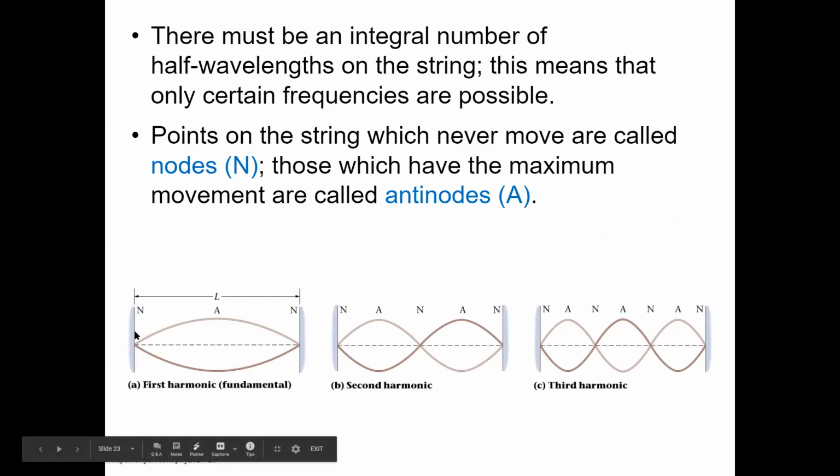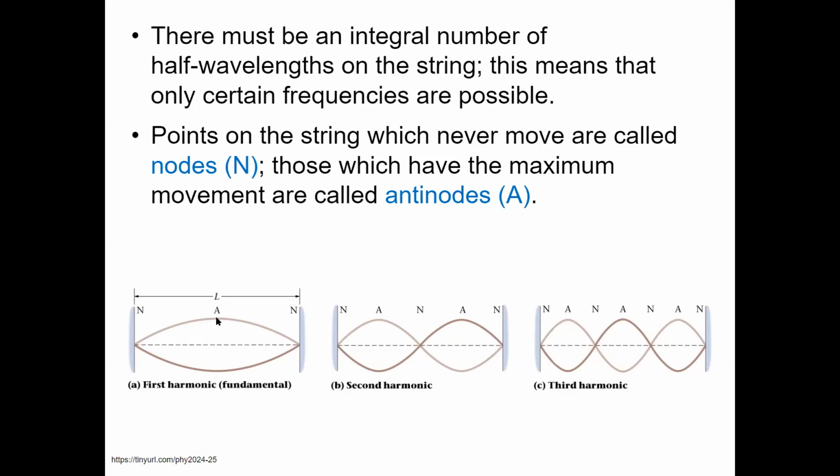If you have a string fixed at two locations, it can vibrate up and down like this. Where the string vibrates most, that means maximum amplitude. Where the vibration is minimum, or it doesn't vibrate at all, that location is called a node. And where the vibration is most is called an antinode.